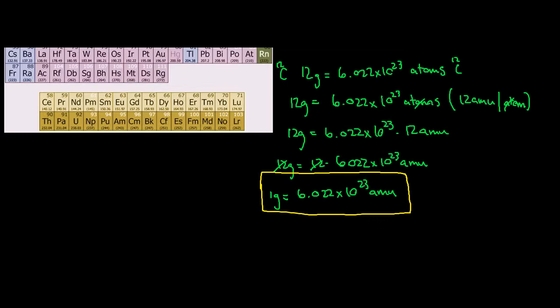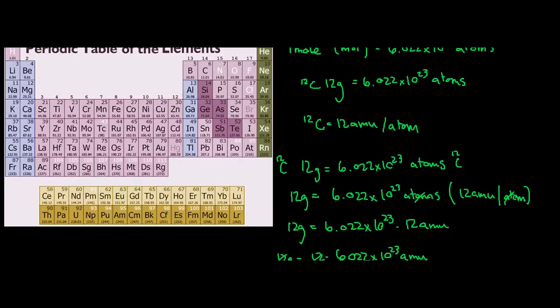And what this is going to do is allow me to think of these numbers and the elements, like 1.01 for hydrogen, which ordinarily I would have thought of as the atomic mass units of one atom of hydrogen, 1.01.